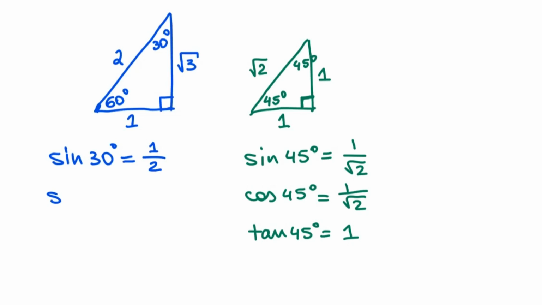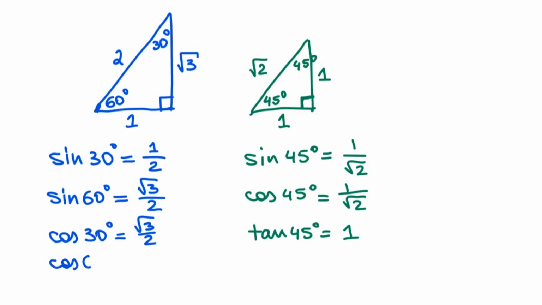If I wanted to do sine of 60 degrees, the opposite side to 60 is square root of 3, so square root of 3 over hypotenuse of 2. If I wanted to do cos 30, it's equal to adjacent over hypotenuse, square root of 3 over 2. And cosine 60 is equal to 1 over 2.